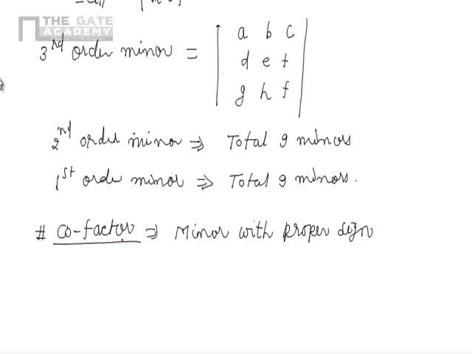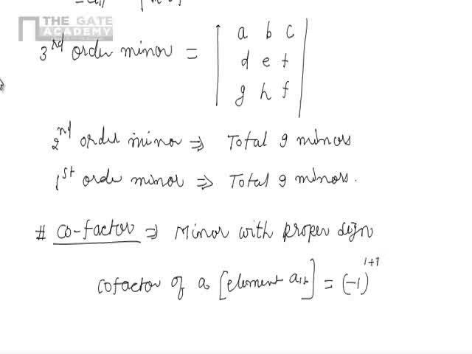So if I take again the cofactor of the element A11, I can call it first row first column. The cofactor of this element will be nothing but minus 1 to the power i plus j.